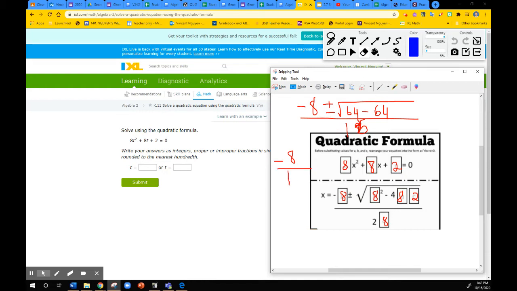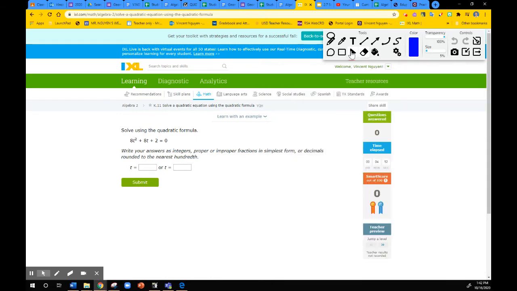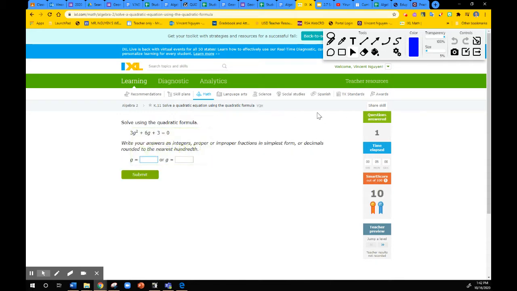Negative 8 divided by 16 turned out to be negative 1 over 2, right? So I'm going to go over here and enter my solution as negative 1 over 2. And there's only one solution. I'm just going to put it in one time, and I think it will accept my answer if I put it in one time. So let's see. Negative 1 over 2. Should I type it in right? There you go. Okay. All right.